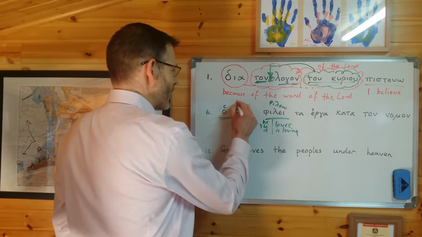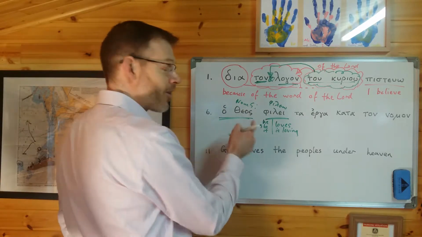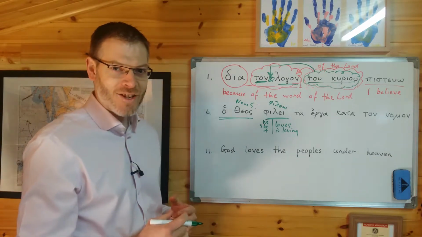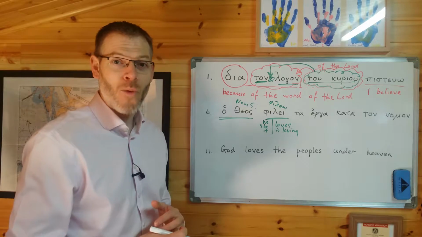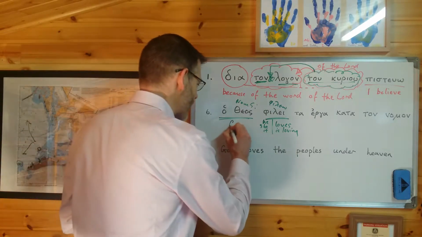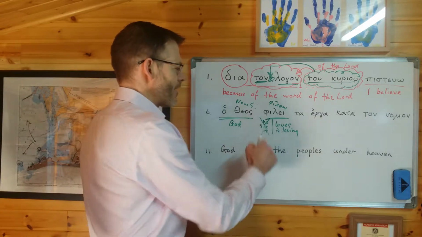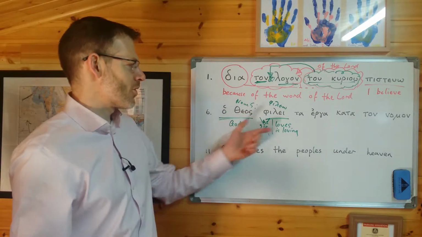Ho theos is a nominative singular of God, the God, literally, but remember that in English translation, we don't normally translate the definite article when it comes with proper names. And so the way we're going to translate this is God, and God displaces the built-in subject of the verb. So ho theos phile, God loves, or God is loving.